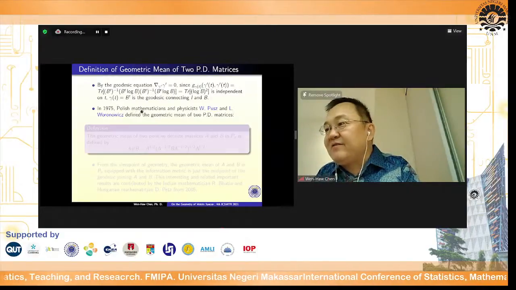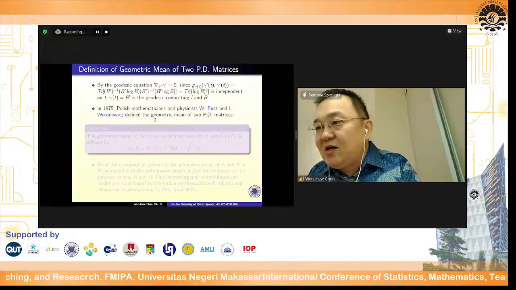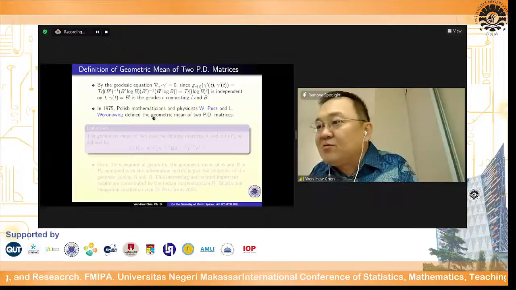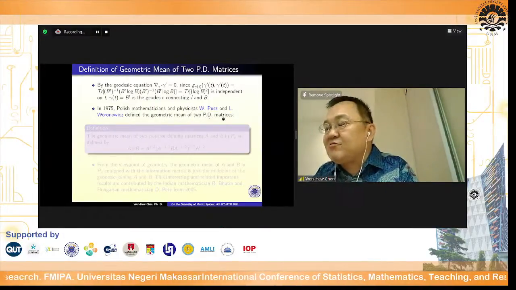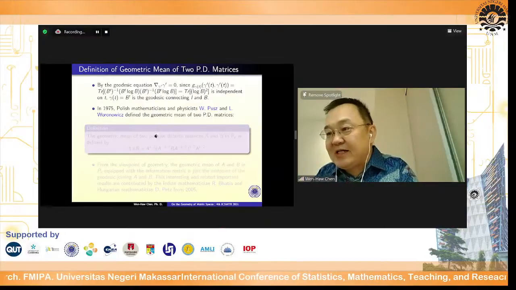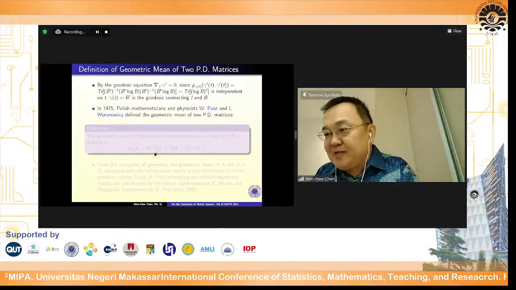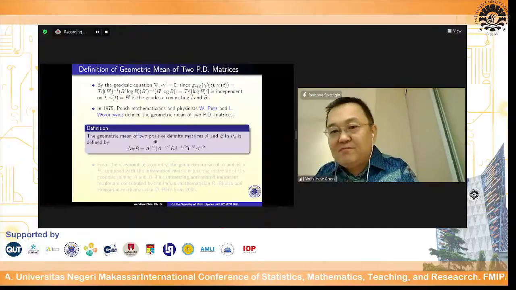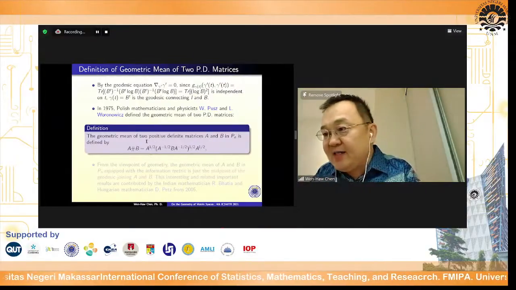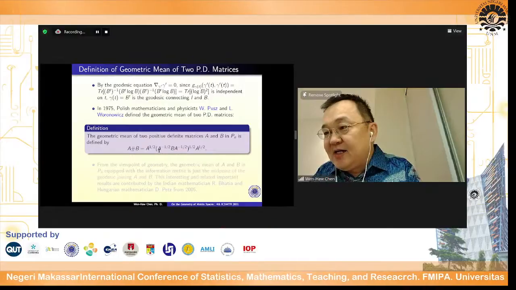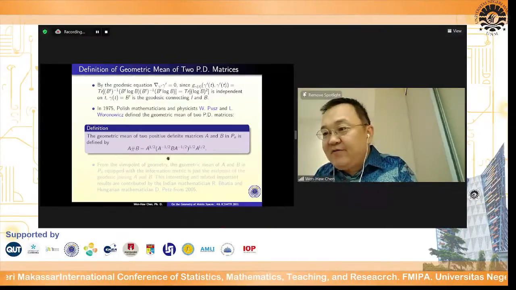In 1975, the Polish mathematician and physicist Bożejko defined the geometric mean of two positive definite matrices using this formula. For positive definite matrices, we can define the square root of the matrix, so this is meaningful.